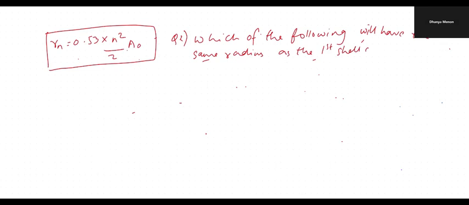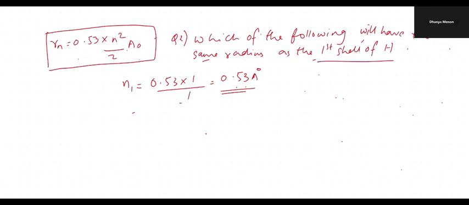We just saw the first shell of hydrogen atom. We just found out 0.53 Armstrong. Okay, so instead of giving you this value, they just said which of them. I have not given you the choices. So these are your choices. N is equal to 2 lithium. N is equal to 2 beryllium.